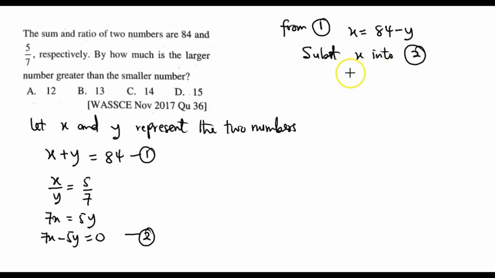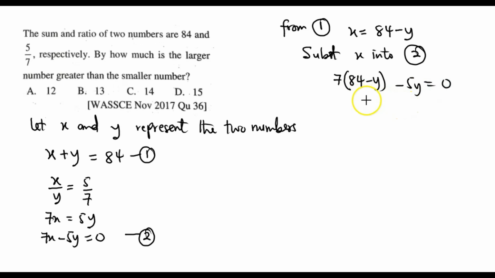And what is it giving us? Wherever we see x in equation 2, we are substituting 84 minus y. So that is going to give us 7 multiplying 84 minus y, then minus 5y should be equal to 0.